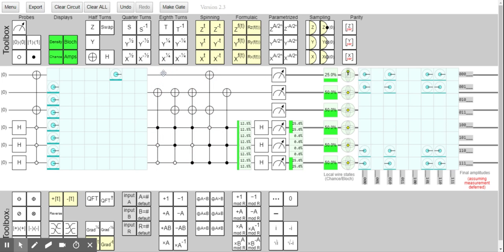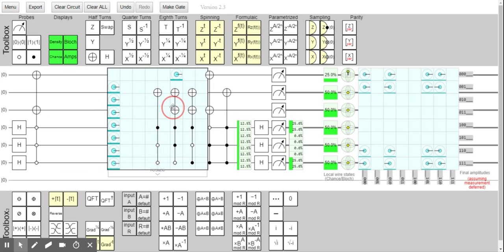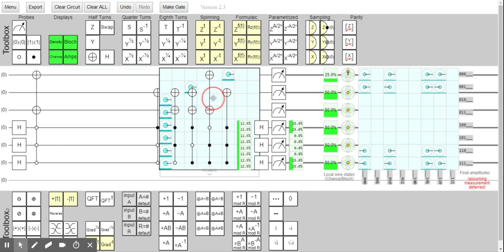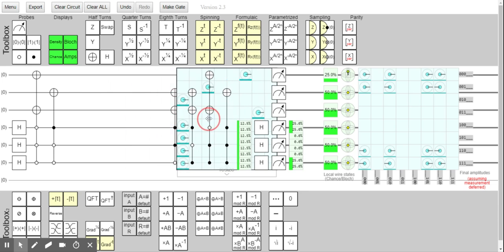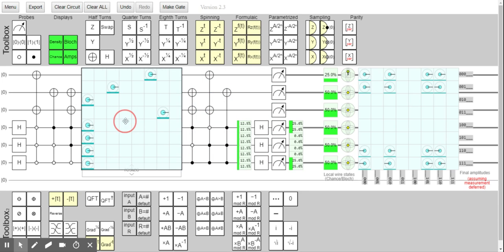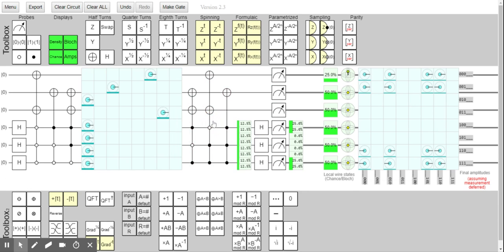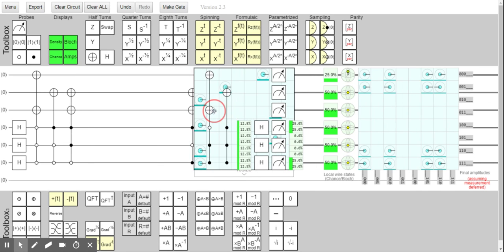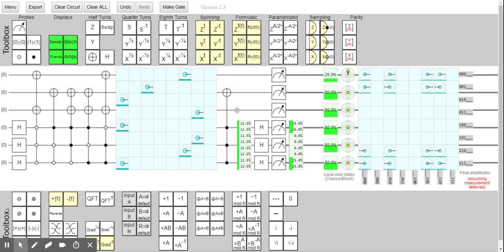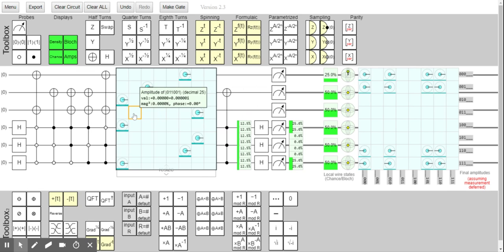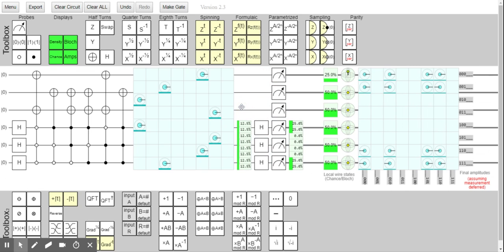If I move it here, all the phases are okay. All the phases are untouched. So all the phases are all the time untouched. I mean, that's what makes sense, because there's no phase kickback or anything.